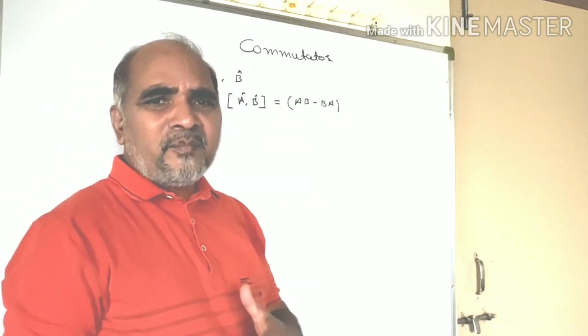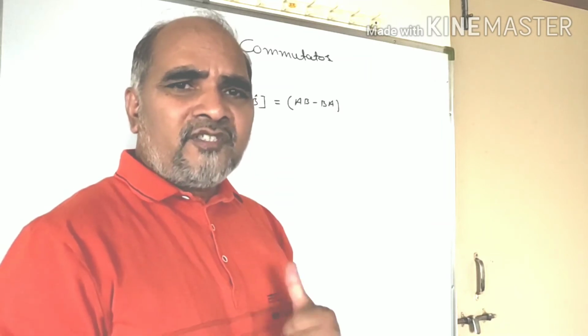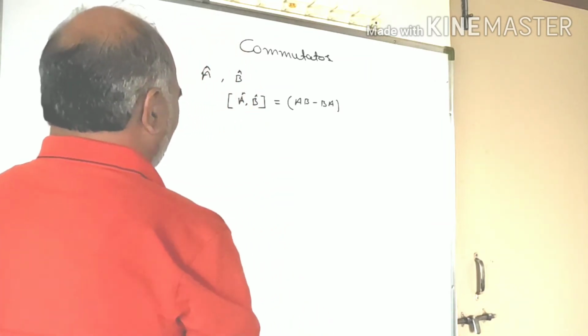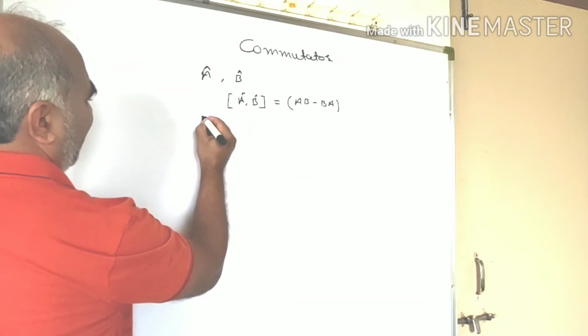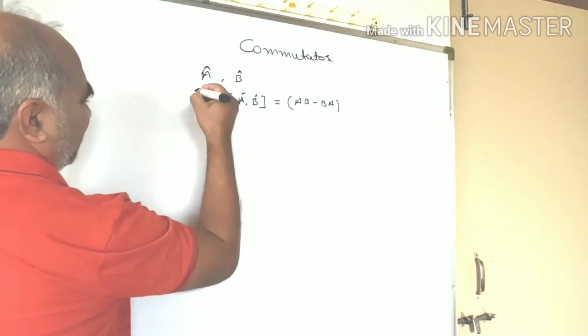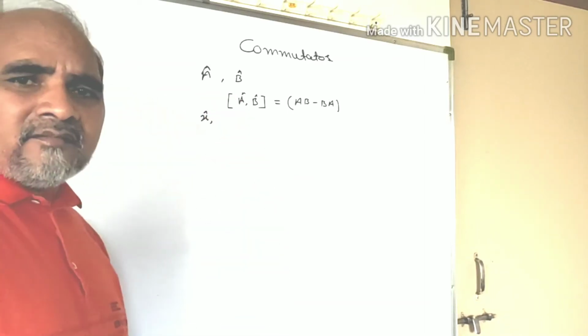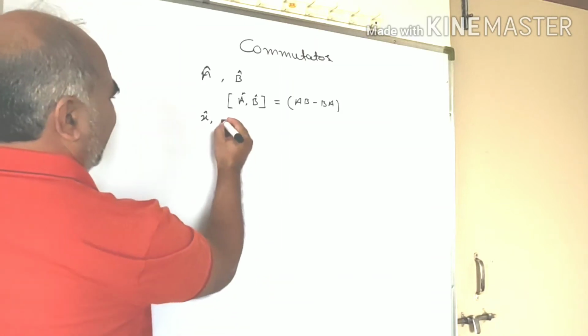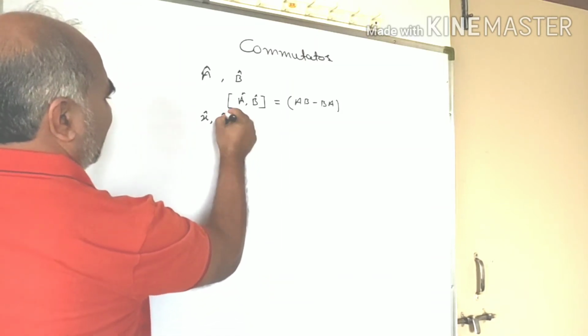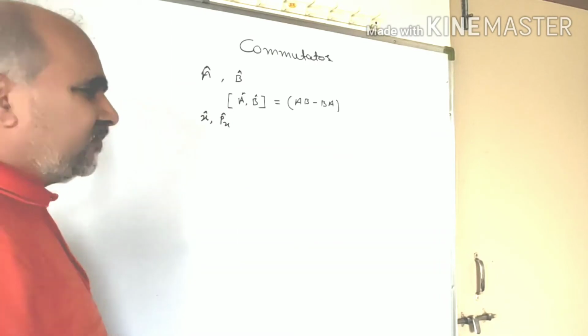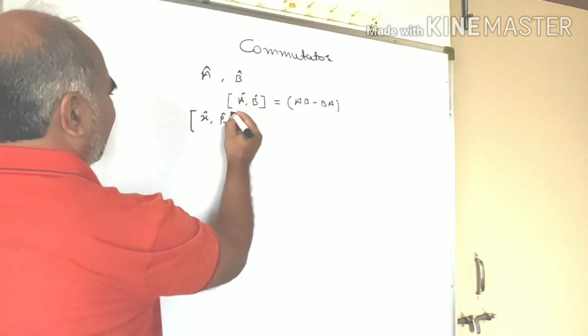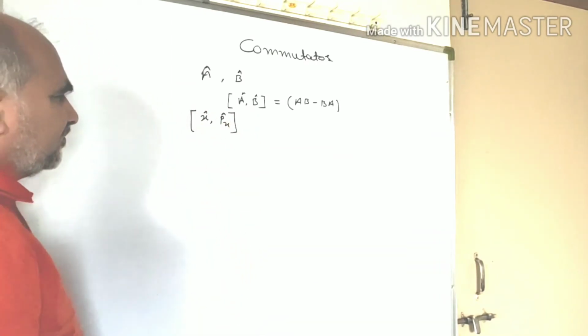Now we will take a simple example of position and momentum. Along the x-axis, x is the position operator and px is the momentum operator, and we want their commutator.